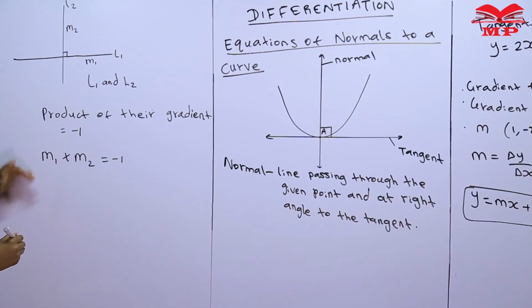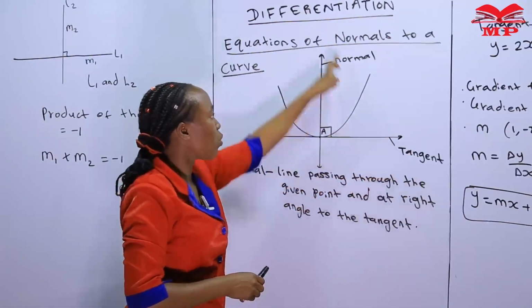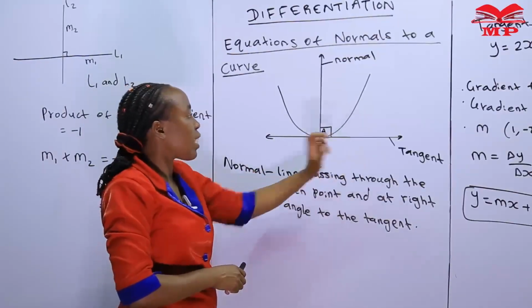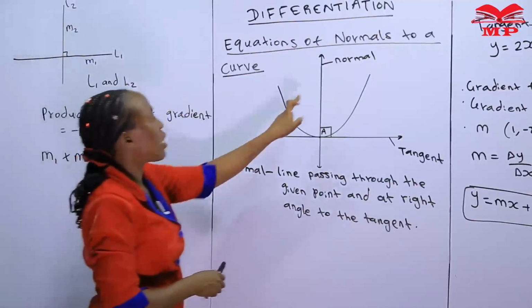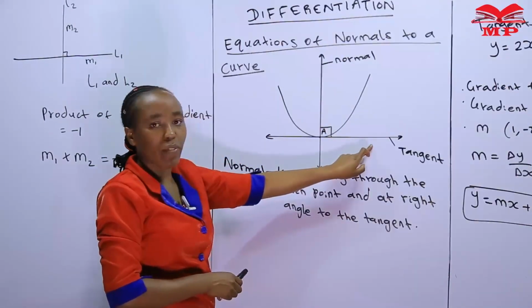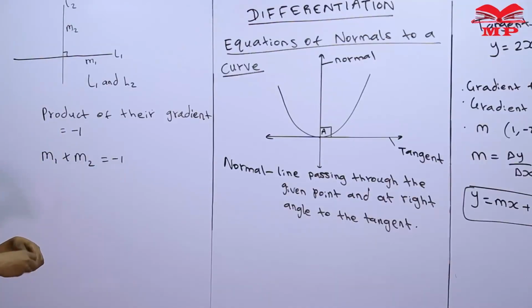We need to know that before we do the examples, because here we have line 1, which is the tangent, and the normal perpendicular to the tangent. Therefore the gradient of the normal times the gradient of the tangent should be equal to -1 because they are perpendicular.